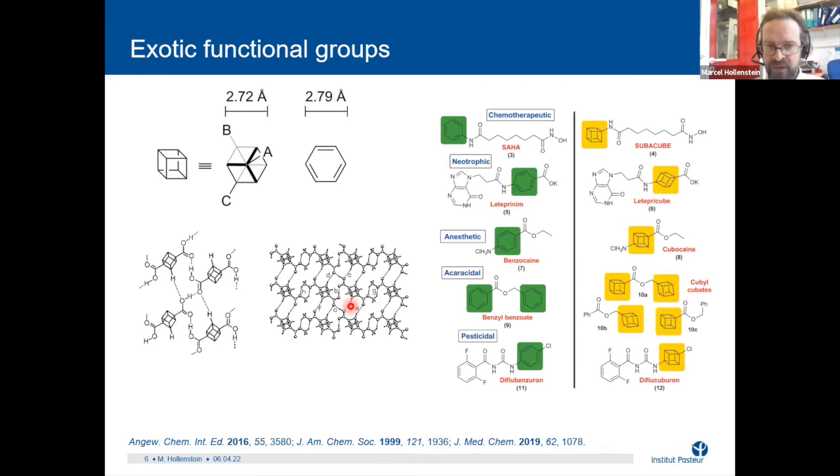Interestingly, cubane has also attracted a lot of interest in medicinal chemistry because there was a publication about 6 years ago where they replaced phenyl and aromatic rings of drugs with cubane moieties, and showed that these new drugs were equally potent or more potent than the original versions.